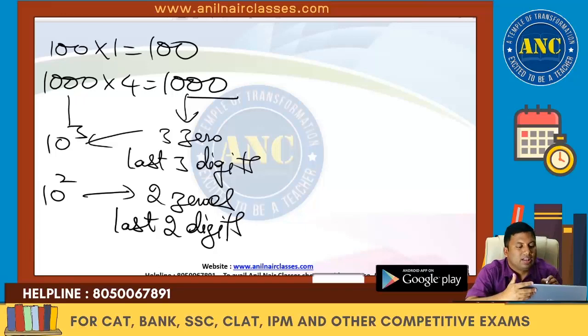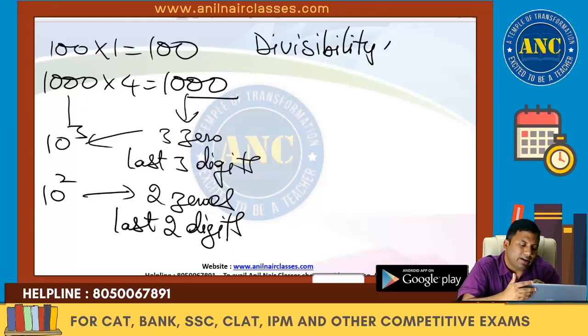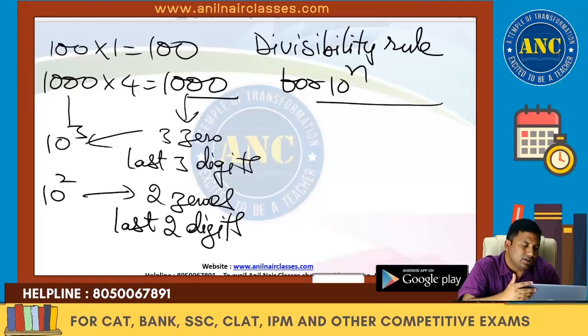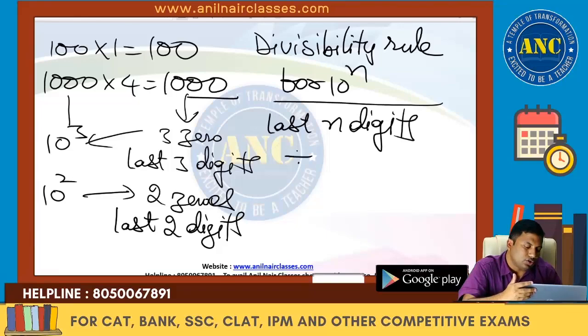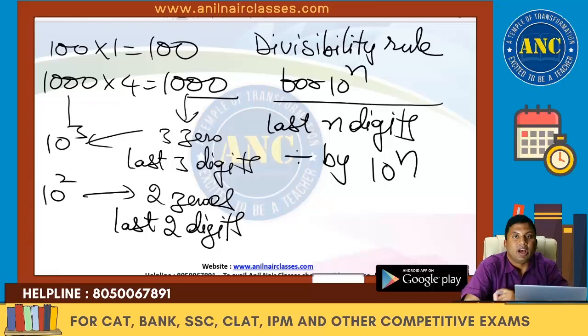That means the divisibility rule for 10 power n is: last n digits should be divisible by 10 power n. I hope it is clear.